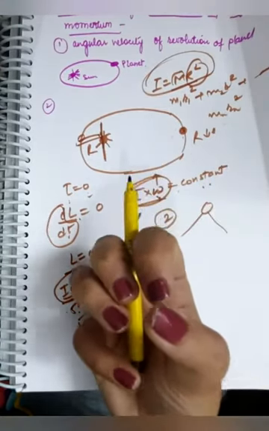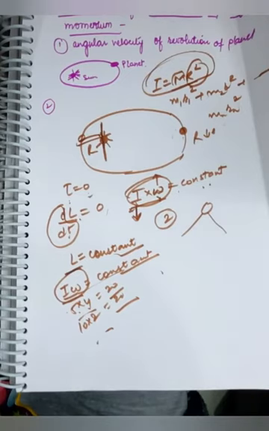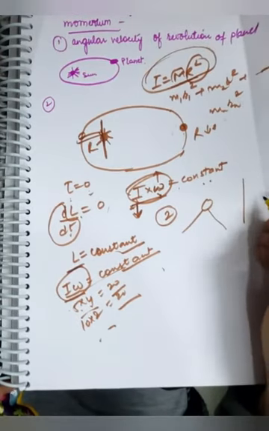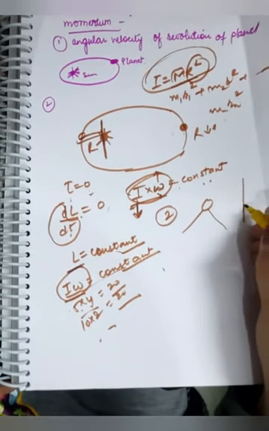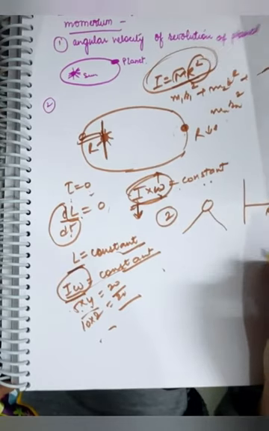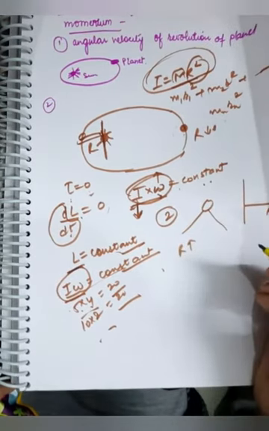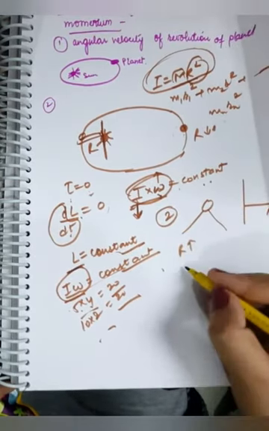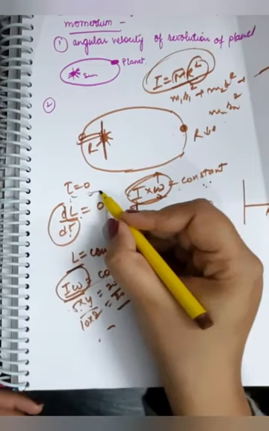Why? Because when you are stretching your legs and your body, you are increasing the distance of your legs from the axis of rotation, which means you are increasing R, which means you are increasing I. But if I increases, omega has to decrease to keep the product constant, because there is no external torque acting on the system.